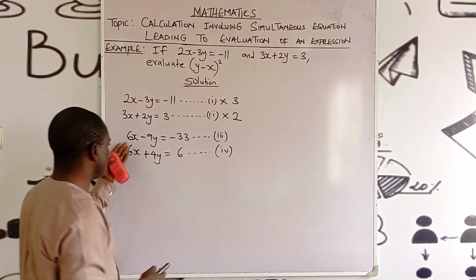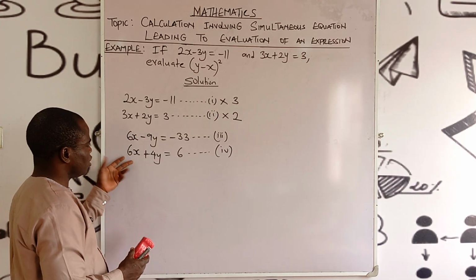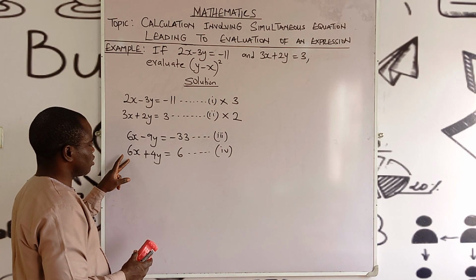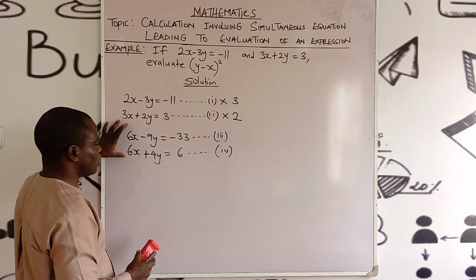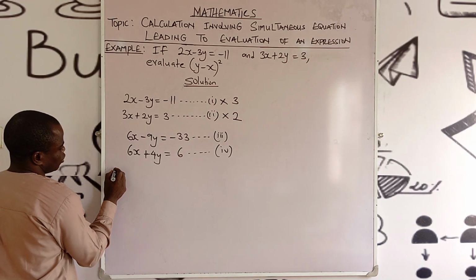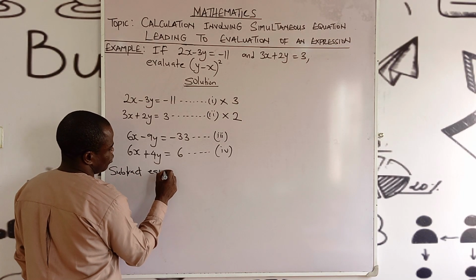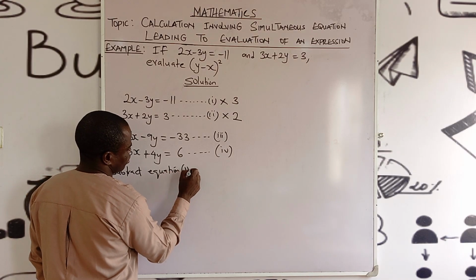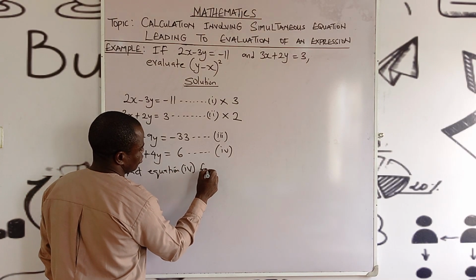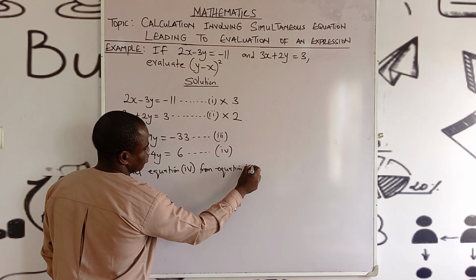What you need to do is that since you're having the same coefficient for x, this is 6, 6. You cannot cancel 6x out by saying subtract equation 4 from equation 3.